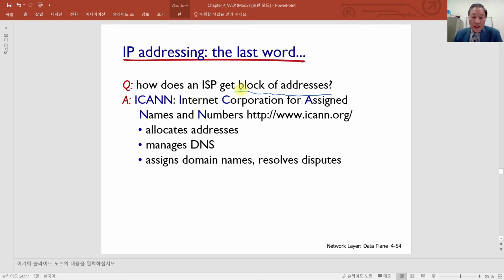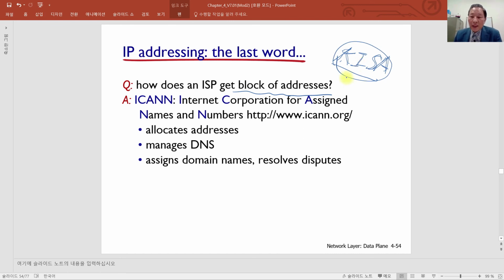In Korea, the ISP is provided by KISA, Korea Internet and Security Association.